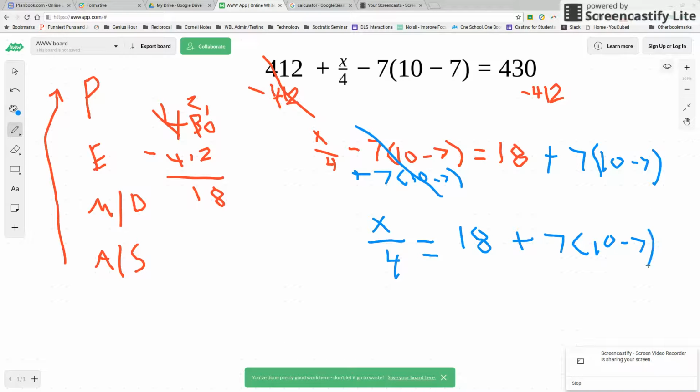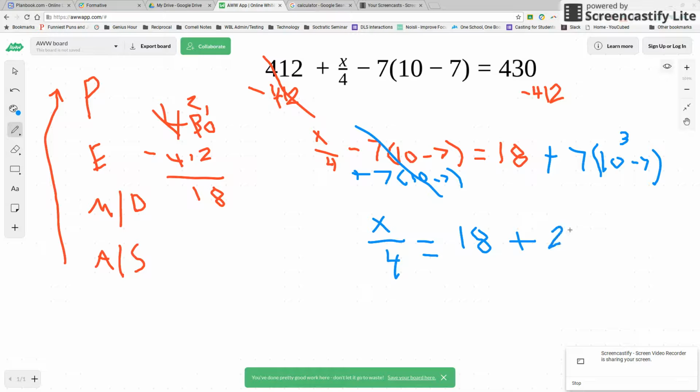Now, I could just do this. I know that we are working our way up, but this is a number that I can figure out. So I'm going to undo that there. If I think about this, 10 minus 7 is 3. 3 times 7, because 3 is on the inside, is 21.